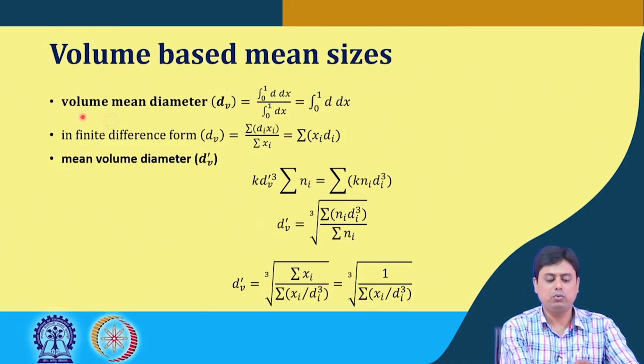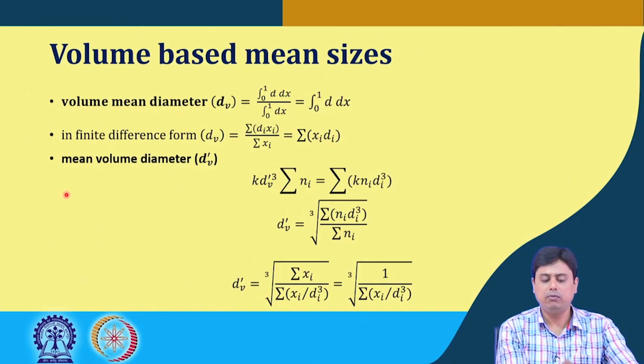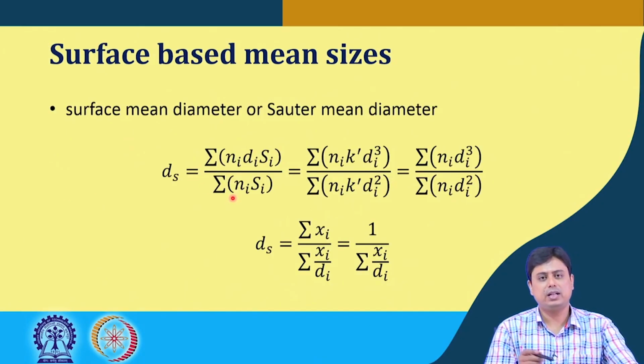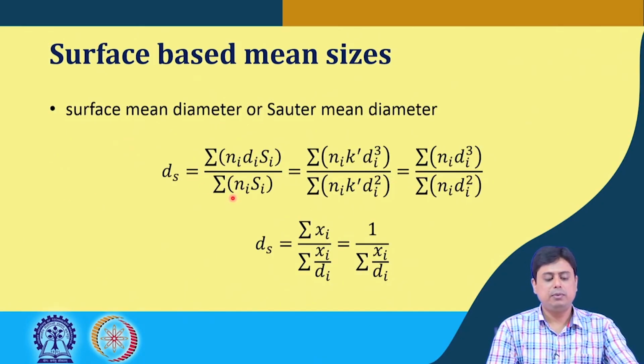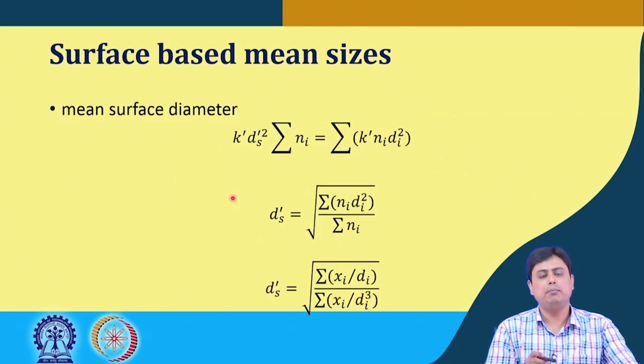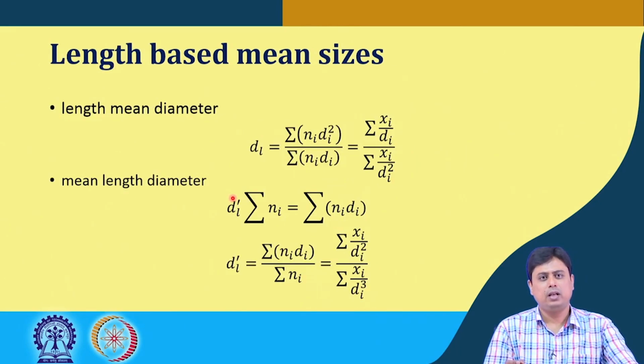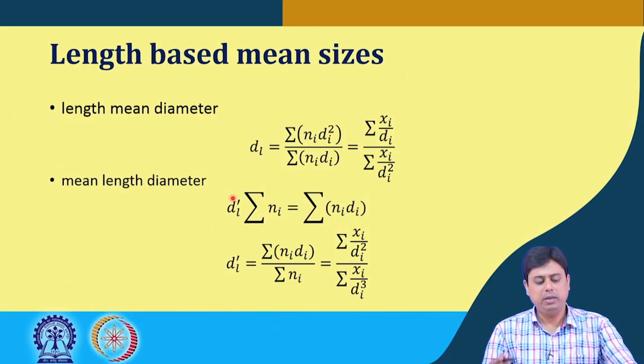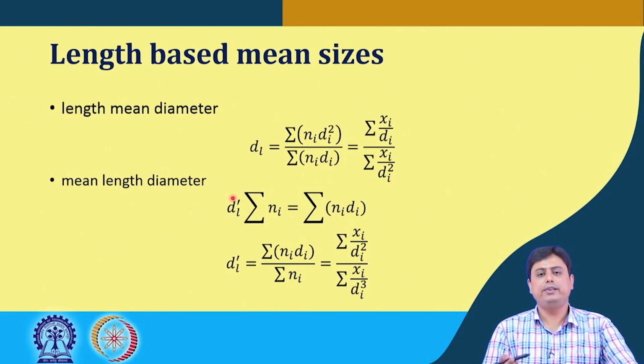So do not confuse volume mean diameter and mean volume diameter. This results in two different expressions. Similarly, surface mean diameter or Sauter mean diameter versus mean surface diameter, and length mean diameter and mean length diameter. So these are the 6 variants we have seen, and these are different in expression, and can yield different values for a given size distribution.